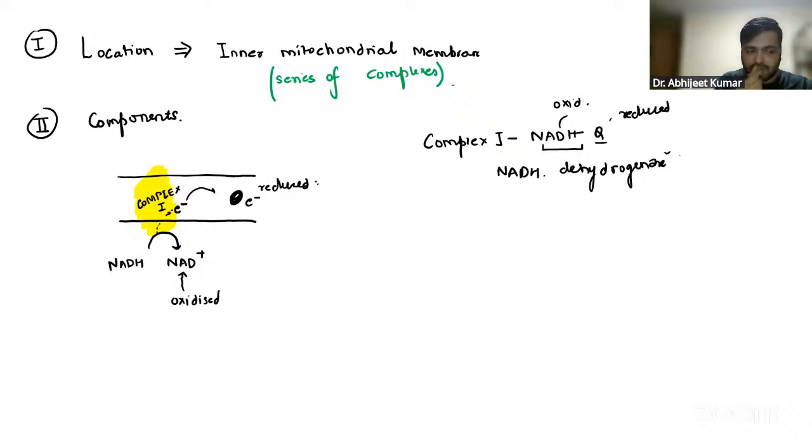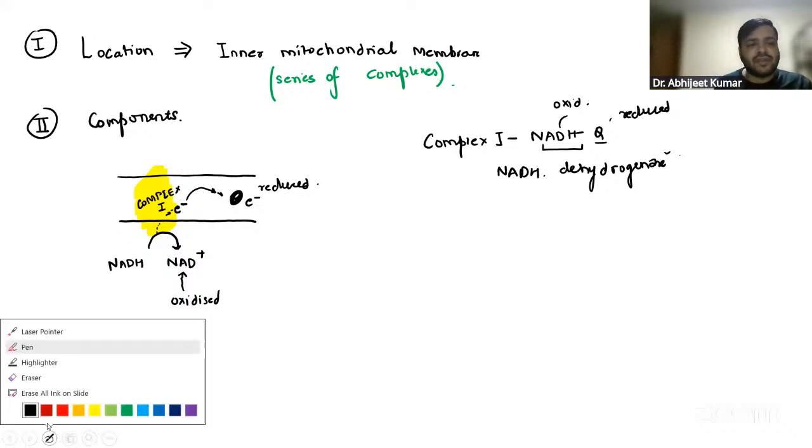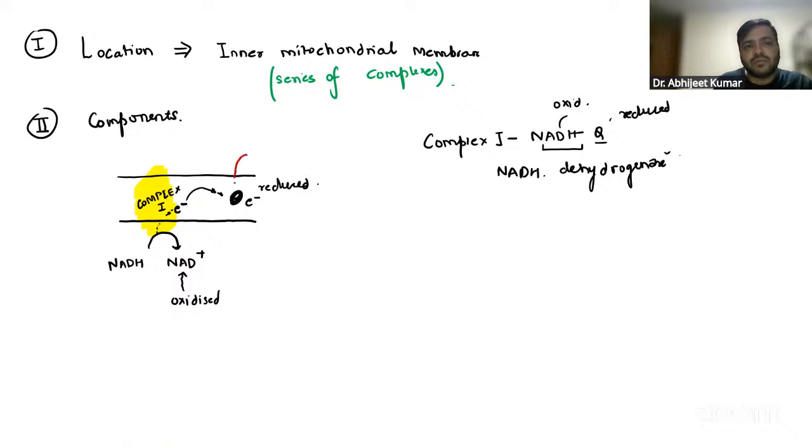What is the carrier, guys? We use this carrier to carry the electron forward. This carrier is very, very important; it is nothing but coenzyme Q or ubiquinone.